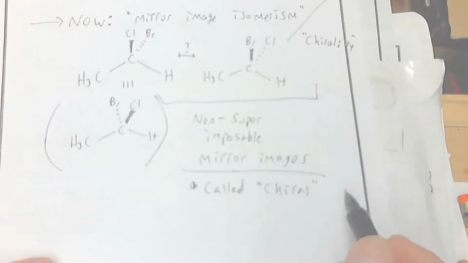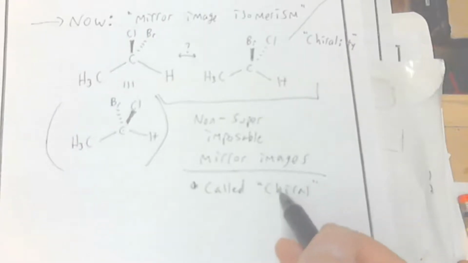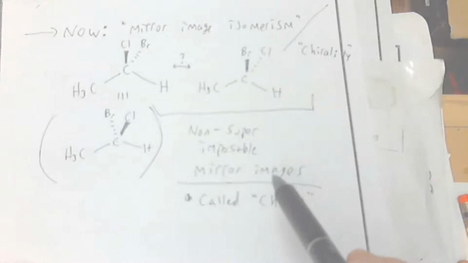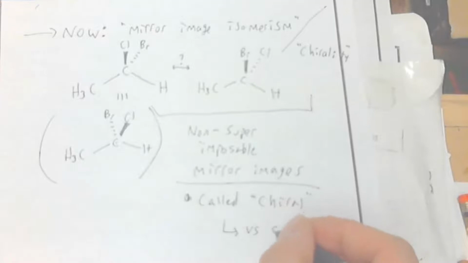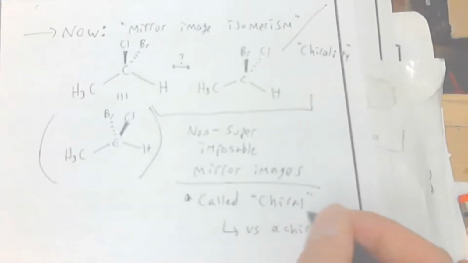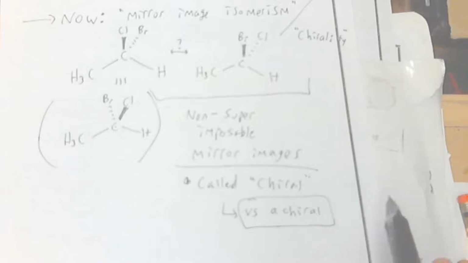Chiral always implies the presence of a non-superimposable mirror image. The opposite is called achiral. Achiral means there's absolutely no non-superimposable mirror image. So it's chiral and achiral.